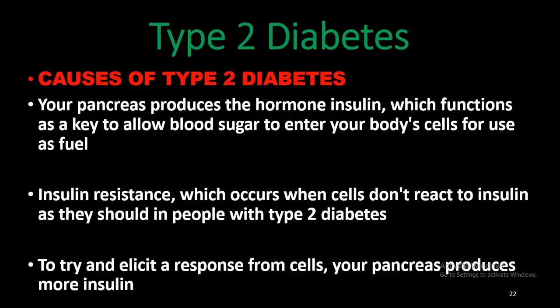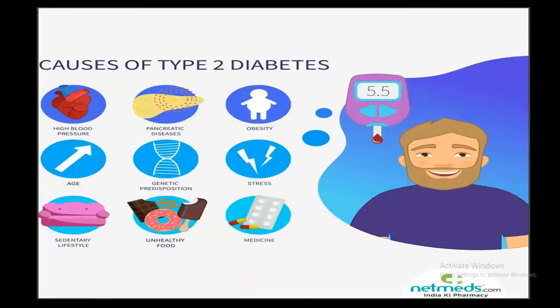Your blood sugar eventually rises as a result of your pancreas's inability to keep up, which can lead to type 2 diabetes and prediabetes. High blood sugar harms the body and increases the risk of renal disease, heart disease, and other major health issues. So these are some of the causes of type 2 diabetes from this picture.